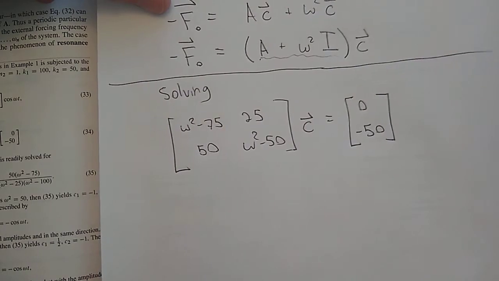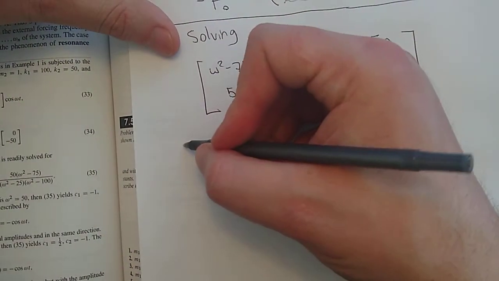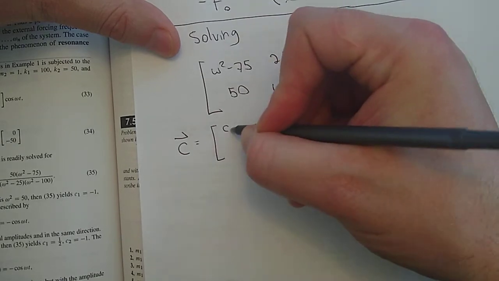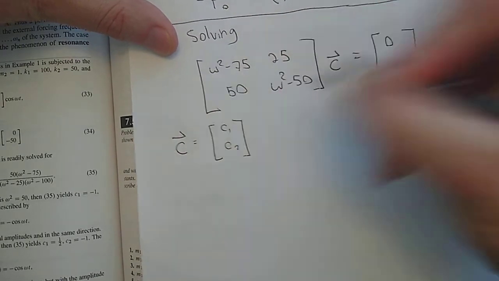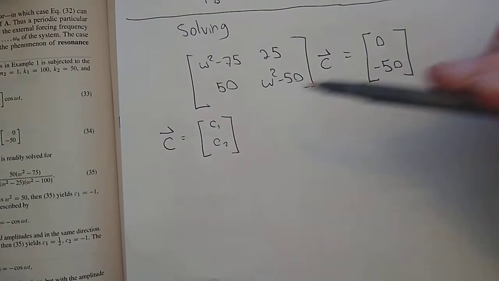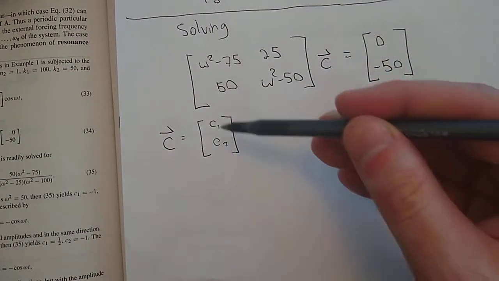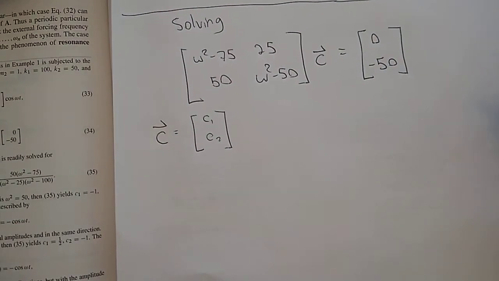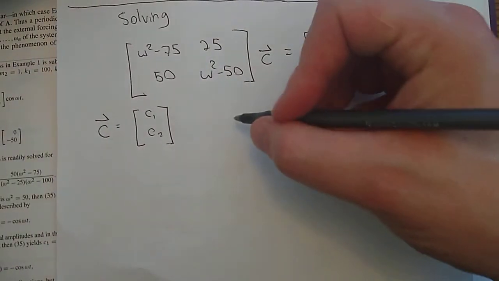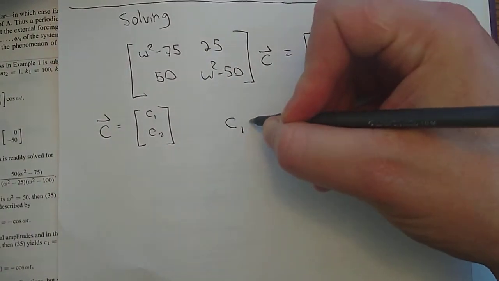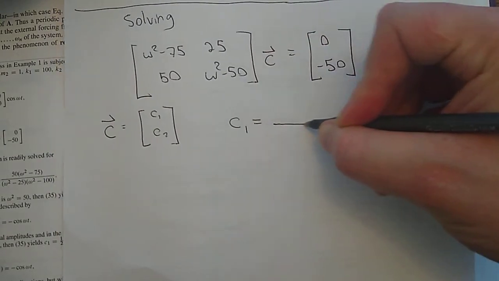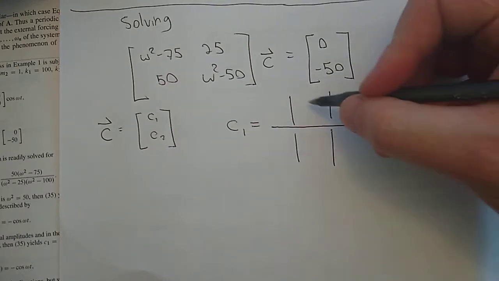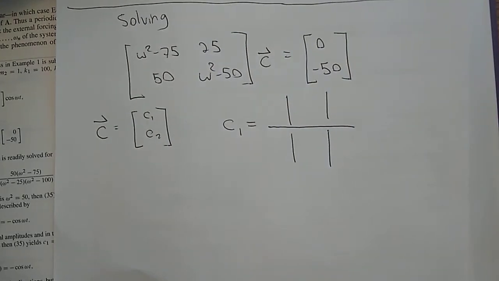If you remember Cramer's rule, if the vector C is C1 and C2, I can solve for C1. It's a determinant over a determinant.